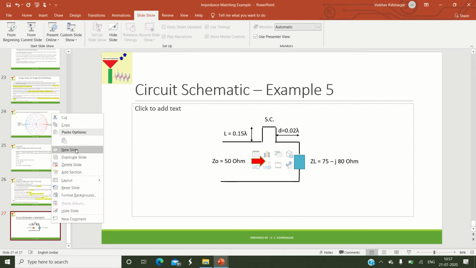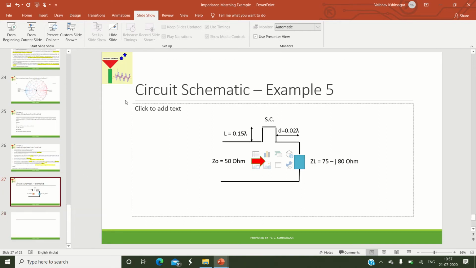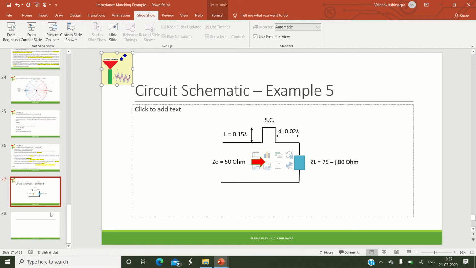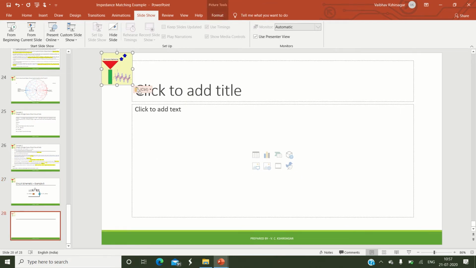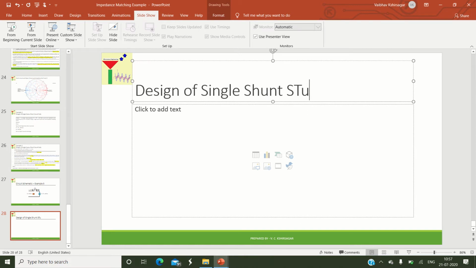I will put the logo. Here, design of a shunt single, or we can write single shunt stub. We'll see open circuit as well as short circuit configuration for this design example in the same Smith chart. So let us write the problem statement over here.